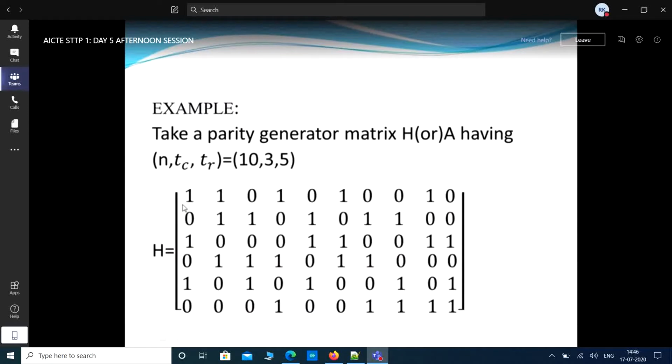The first row has 5 ones, and the second row contains 5 ones, and so on. If this H matrix is not given, you can randomly fix the ones in any positions. It is your wish where to put the ones, but ultimately each column must contain 3 ones. Then you can generate your own parity check matrix.